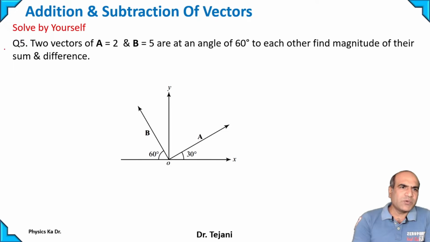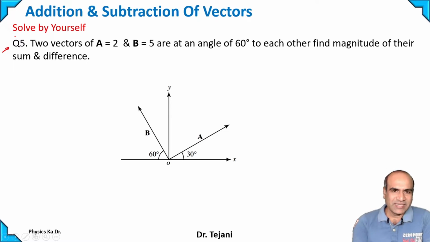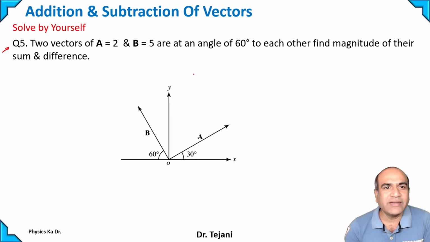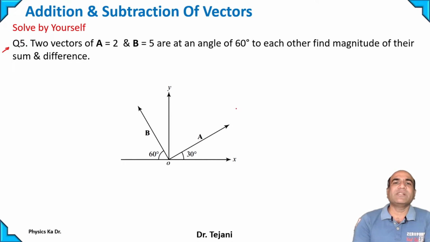Now you should pause the video and solve this question. Question number 5, two vectors, A is equal to 2, B is 5, are at an angle of 60 degrees to each other. Find the magnitude of their sum and difference. Similar examples we already solved.